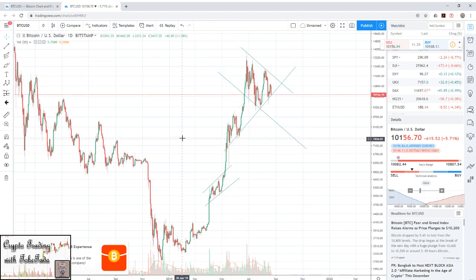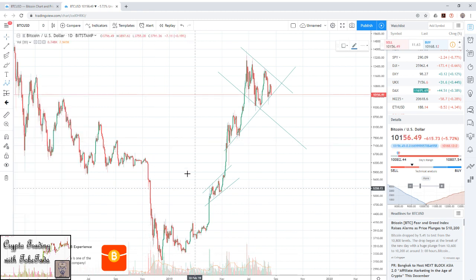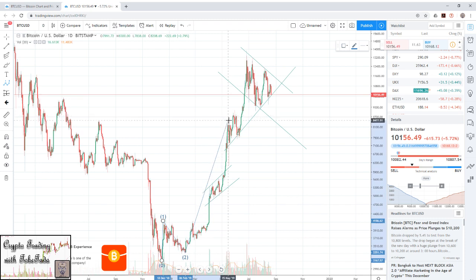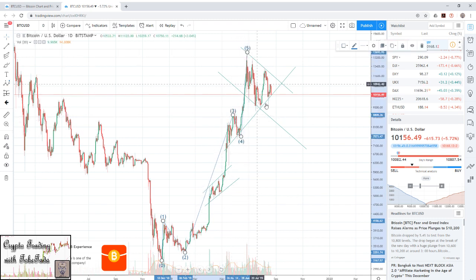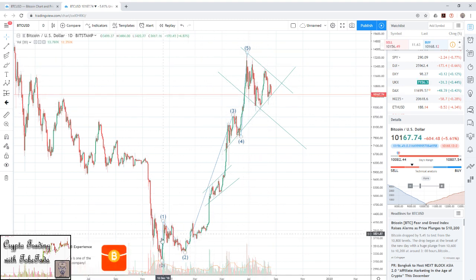The second is, or relates to Elliott wave theory. So you probably already heard about this, and I'll just give you the basics. In Elliott wave theory, we have a 1, 2, 3, 4, and a fifth wave for the upward phase of a market movement.